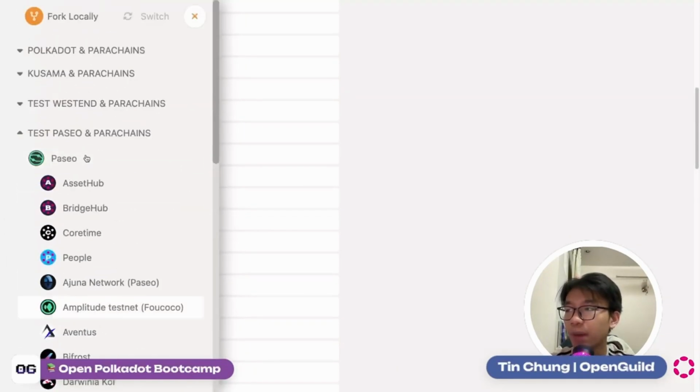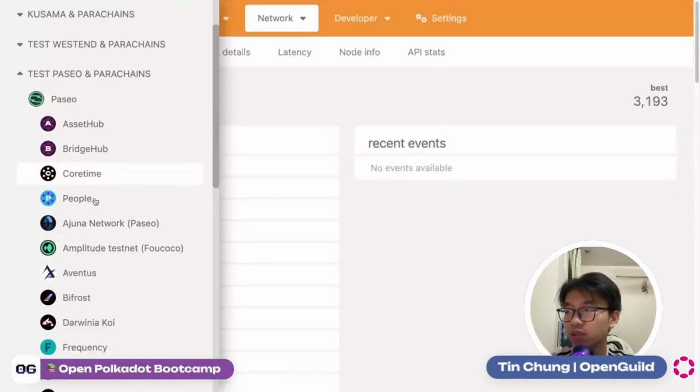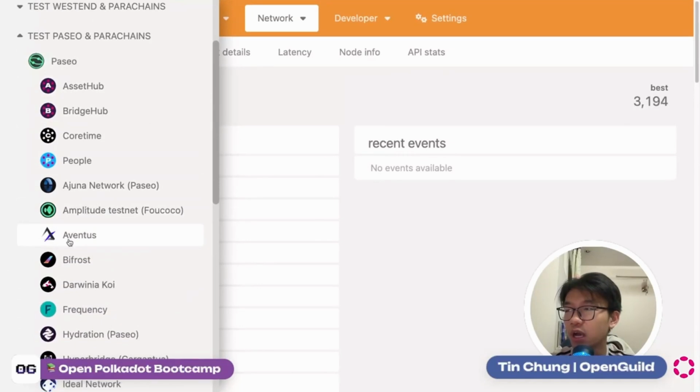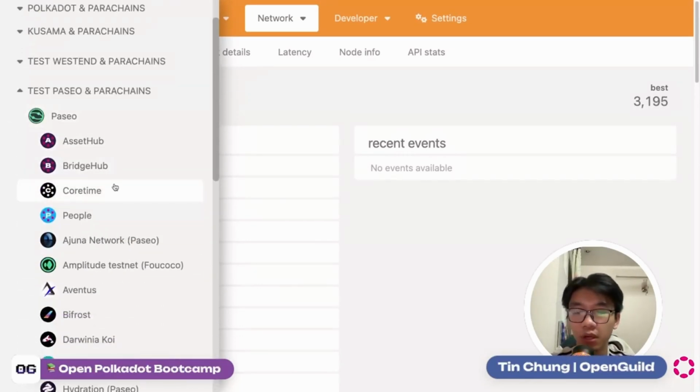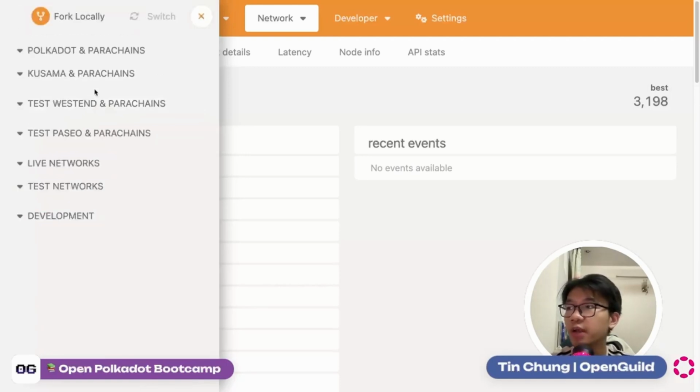When you view Paseo, it also has a few other networks connected to it. The amazing thing is that connecting to Paseo doesn't ask you for real money, so you can deploy to test your functionality and also give your users a place to test the functionality of the project.